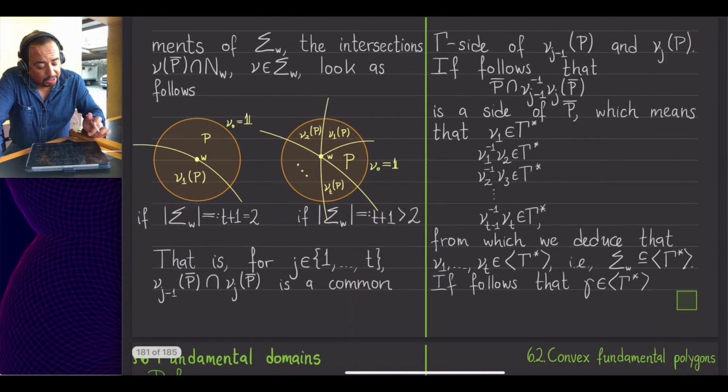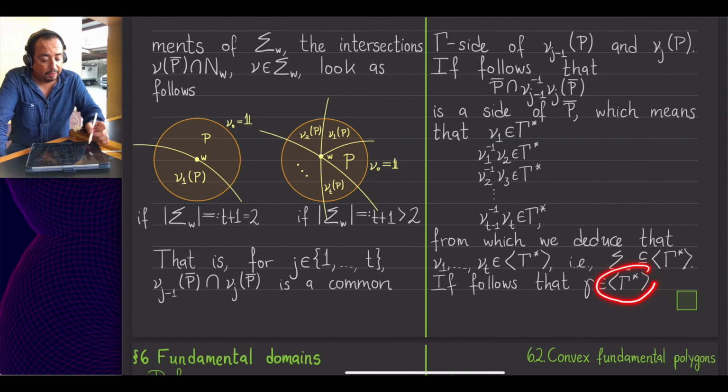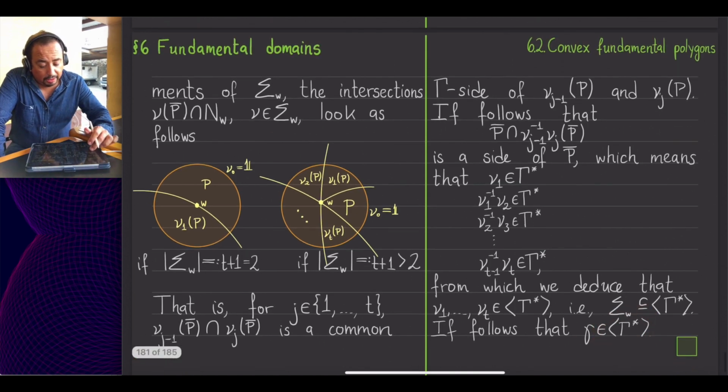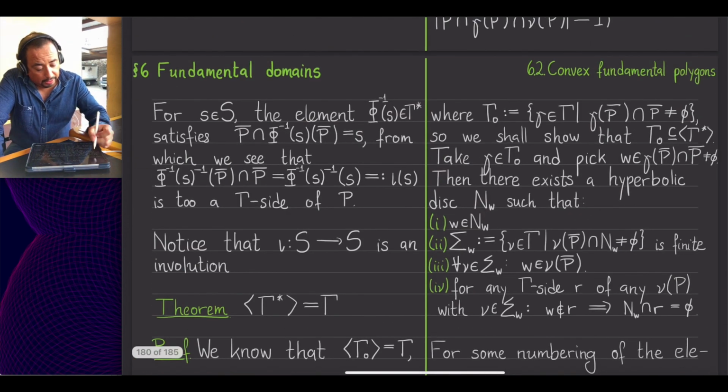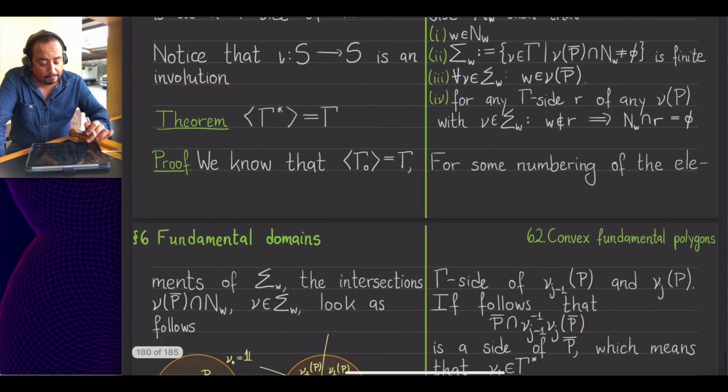So gamma is actually an element of sigma W. So gamma is in the subgroup generated by gamma star, and this shows this containment, and the theorem follows.